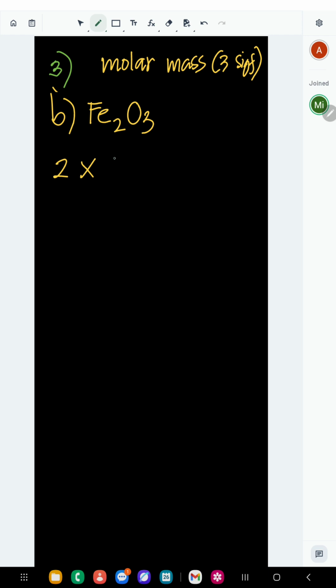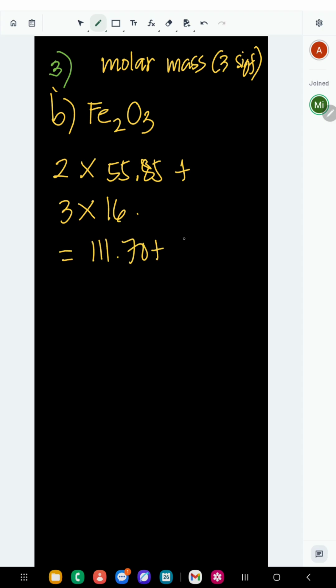So 2 times 55.85, then plus oxygen, 3 times 16. So this is 111.70 plus 48.